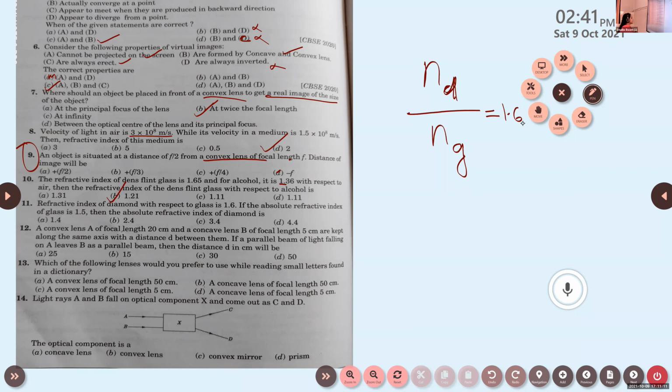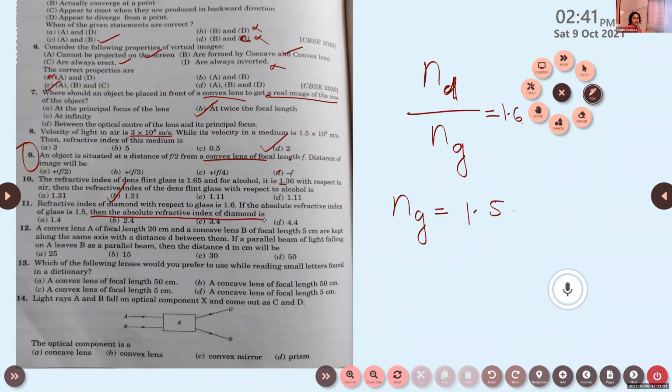Then the absolute refractive index of glass is 1.5, that is, Ng is equal to 1.5. And the question is: find the absolute refractive index of diamond.